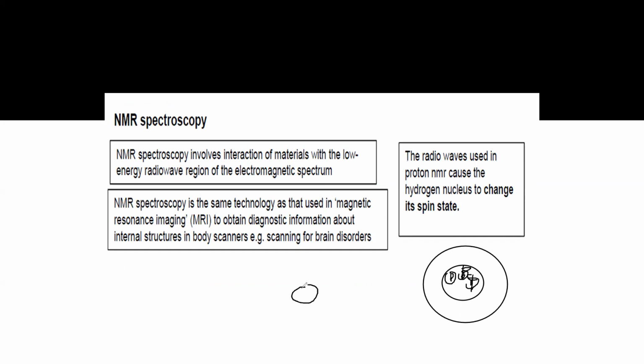But in the case of hydrogen, the proton is inside the nucleus, and only one particle is there. So there is no other particle to cancel out the magnetic field of this proton. But if you take carbon, which has 6 protons, one is moving clockwise, another anti-clockwise, so they may cancel out the effect of each other.